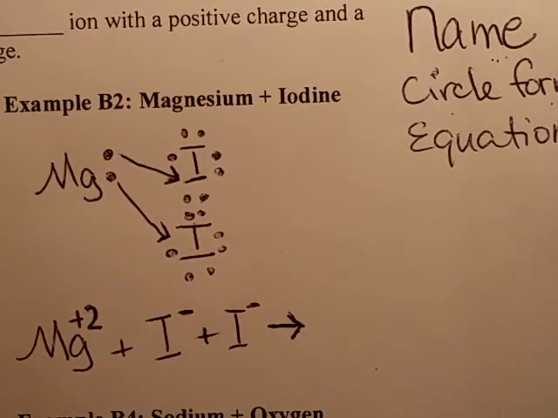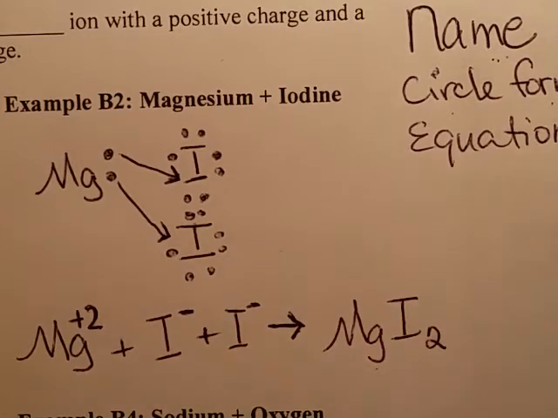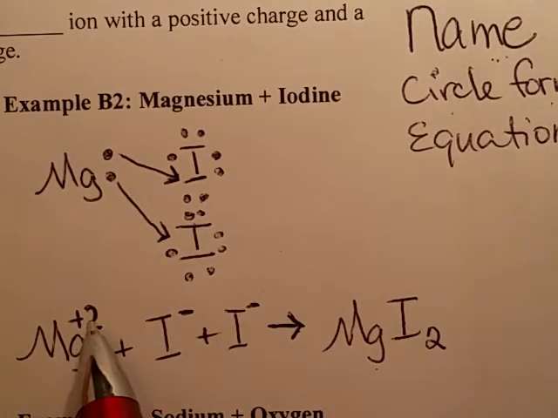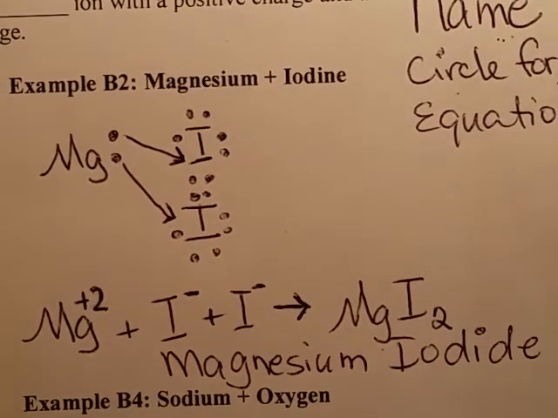You end up with 1 magnesium and 2 iodine, because we want to make sure those balance out to 0. Plus 2 minus 1 gives us a 0 charge, so therefore it is balanced. And then you want to go ahead and write the name down for it. Magnesium iodide.